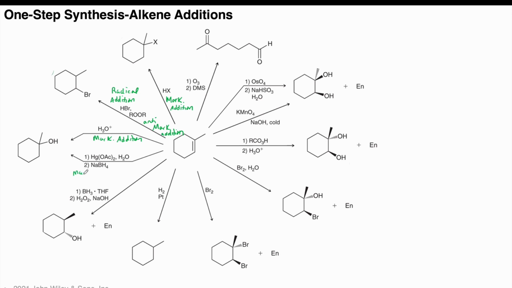So the key difference is that if a substrate were suitable for rearrangement, this reaction would avoid rearrangement, while this one would do rearrangement. We would also see rearrangement in the case of this HX addition.